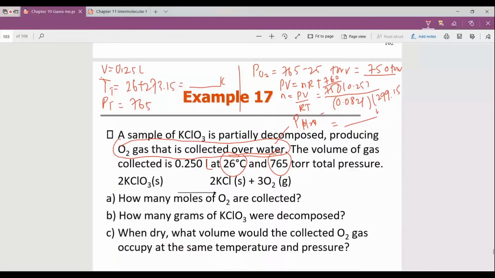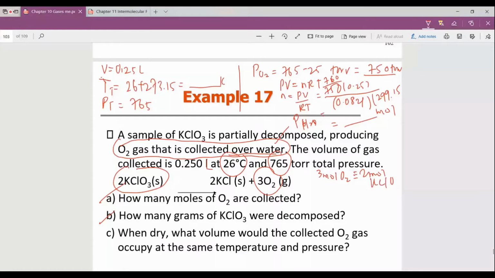After you get the number of moles, question B: how many grams of KClO3 will decompose? So how to know the mass of KClO3? Because we found the number of moles of O2, we write the stoichiometry equivalence. 3 moles of O2 is equivalent to 2 moles of KClO3.